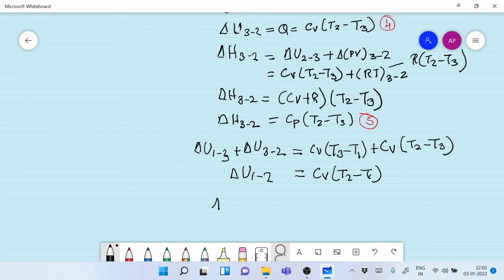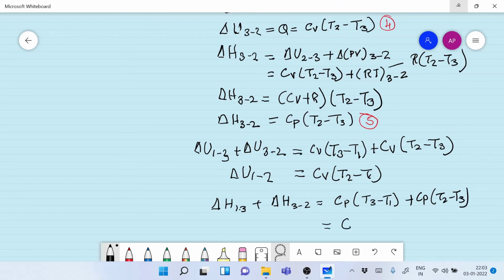A similar logic can be applied to the enthalpy, which is Cp (T3 minus T1) plus Cp (T2 minus T3).